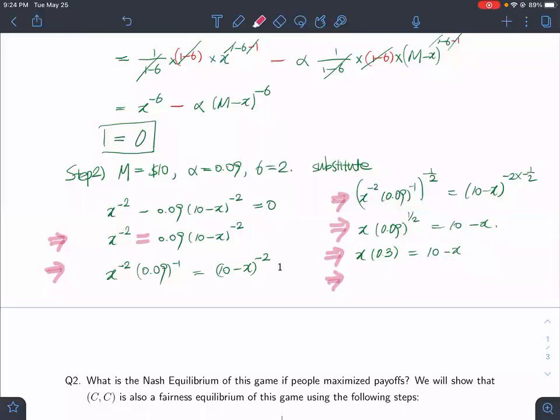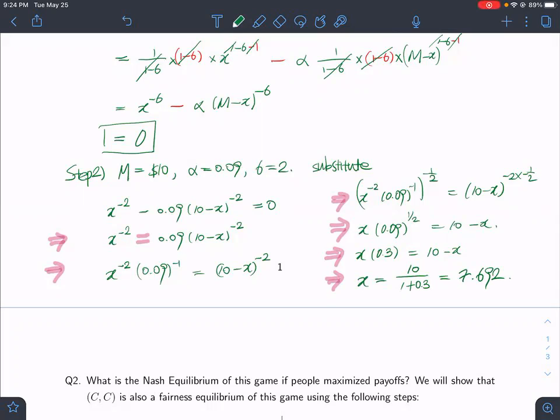Anyway, we're done. Now if I just rearrange this term, I will have x equals to 10 over 1 plus 0.3, which is 7.692. Okay.